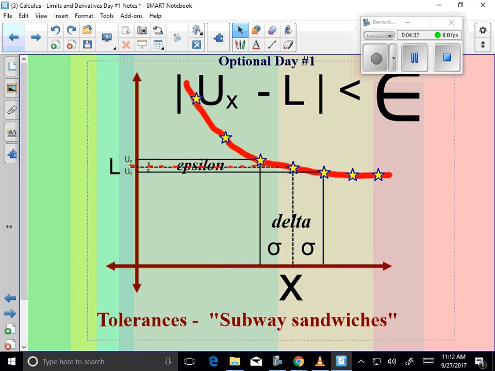He could change the window on delta, and I'd have to prove that there was a relationship with epsilon. That just shows that if he can get as close as he wants, I can still get closer.